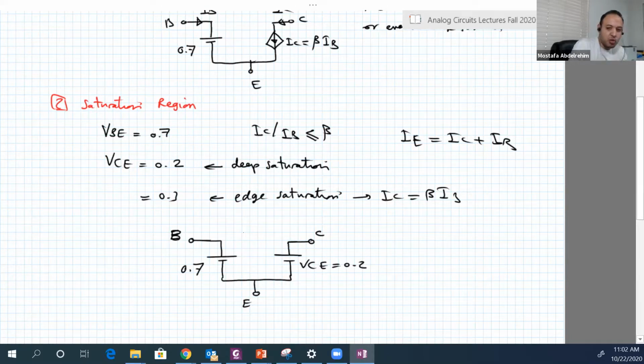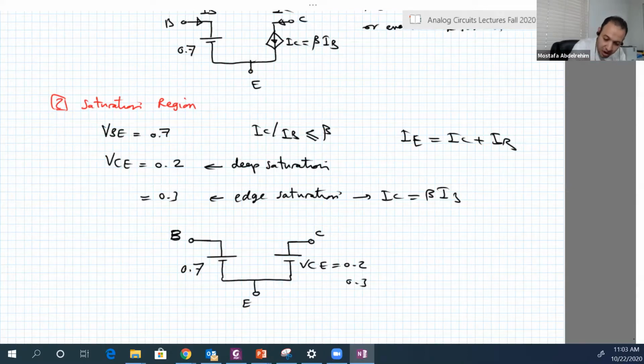If it's a really cumbersome circuit, you can use it, but since we are not dealing with the current between the collector and the base, we will just assume open, although there is a current flowing. And this is 0.2 or 0.3 based on the situation, deep saturation or edge saturation.